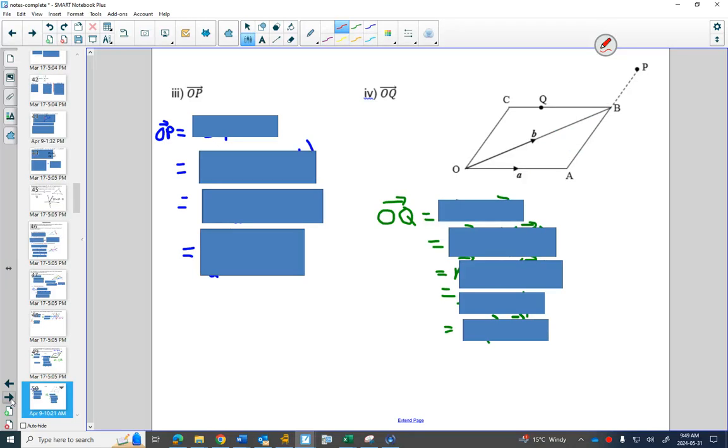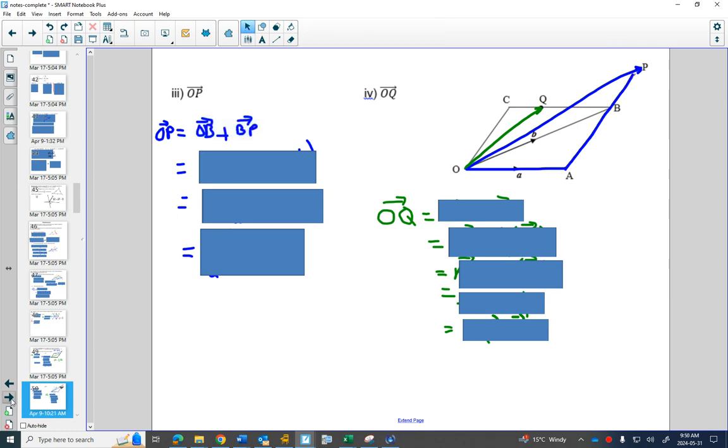So first of all, in blue, we want to find O to P, and in green, we're going to find O to Q. So from O to P, I could do that by going O to A, and then I already figured out A to P. Or I could go O to B and B to P. Either one.